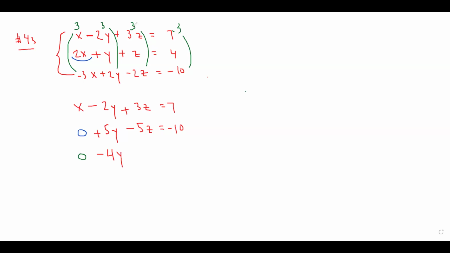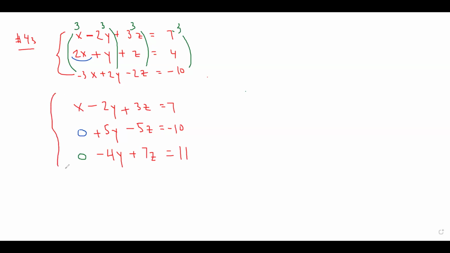Okay, next will be 9. So it's a 9z minus 2z. 9 minus 2 is 7. 7 times z. Okay, whatever it is, we just write it down. And then finally, the right side is 21. 21 minus 10 is going to be 11.